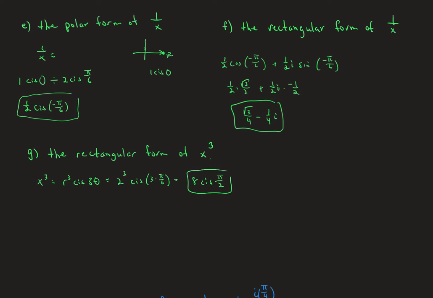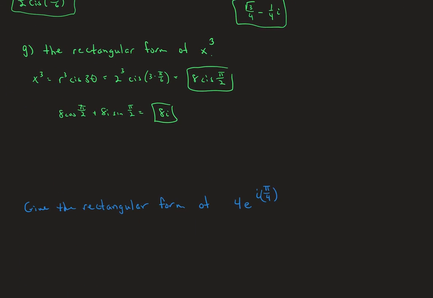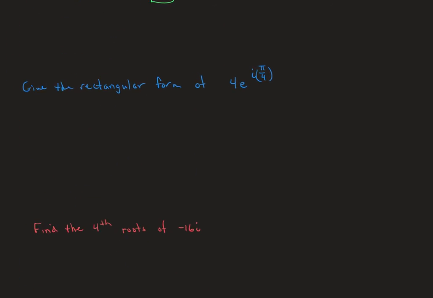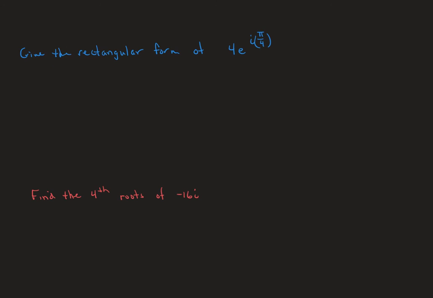Oh, and then we want to go to rectangular form, so again we're going to get 8 cosine of pi over 2 plus 8i sine of pi over 2. Since cosine of pi over 2 is 0 and sine of pi over 2 is 1, that's going to be 8i.